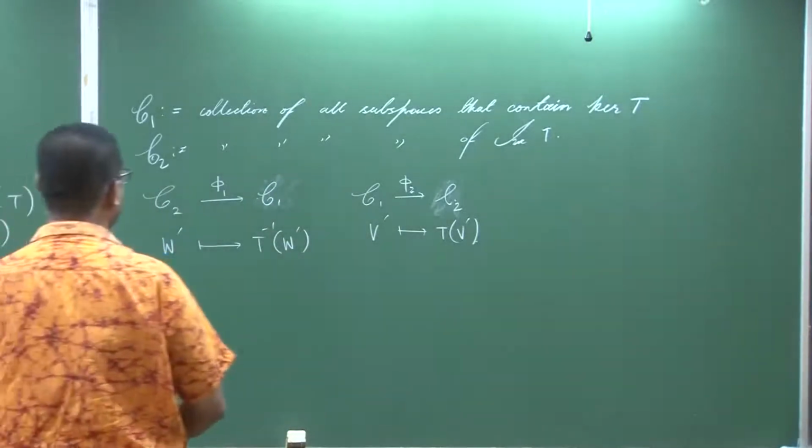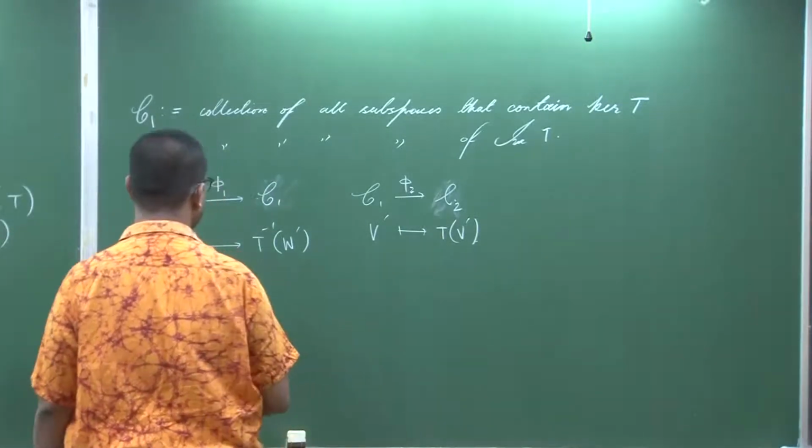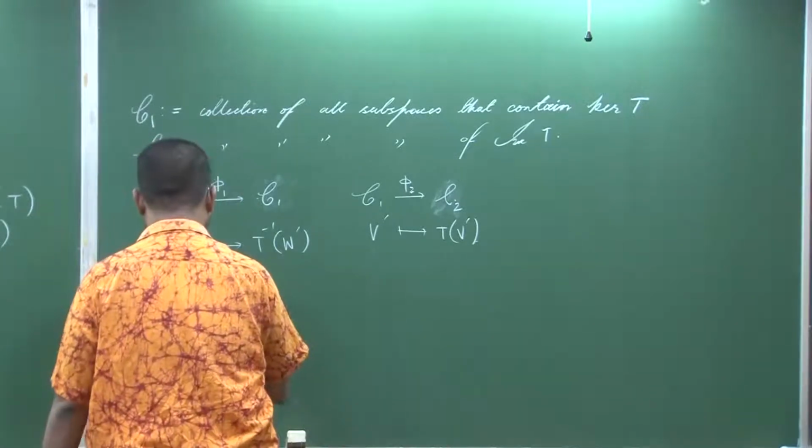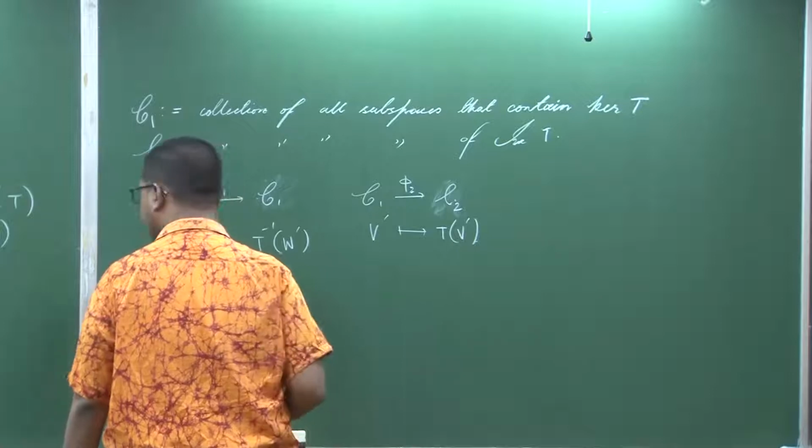Now it is easy to see, as a set theoretic exercise, that both phi 1 and phi 2 are inverse to each other.